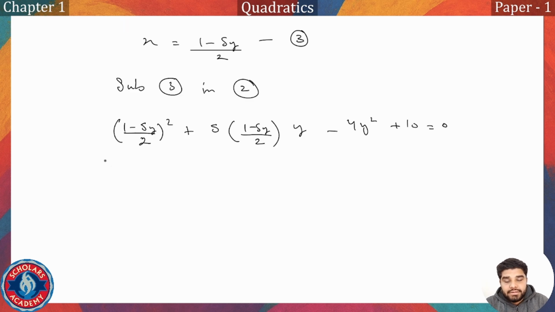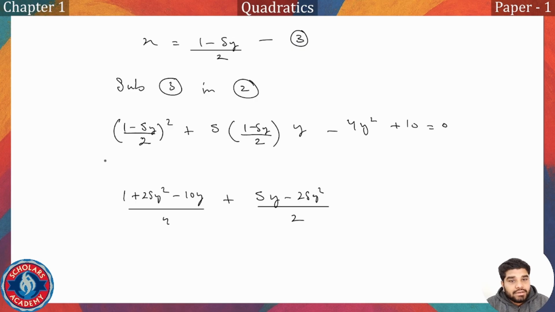So it will become 1 plus 25y square minus 10y by 4, plus 5 times, you can write it as 5y minus 25y square by 2, and minus 4y square plus 10 is equal to 0.